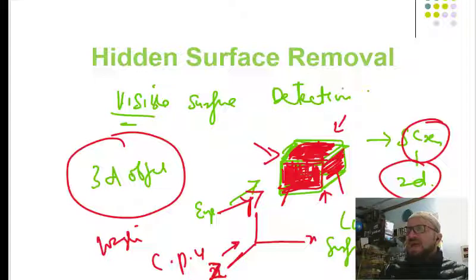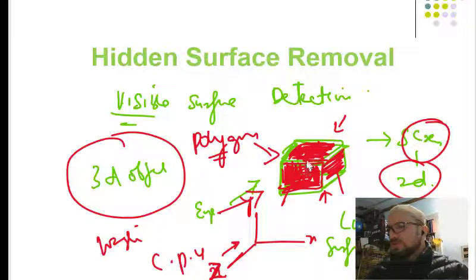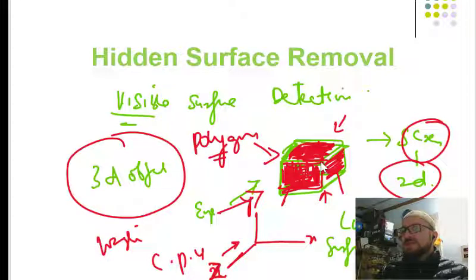And second, the polygons we most often talk about here are opaque. If they are transparent, then we can see the back lines, right? But we say they are opaque. So the assumption one is that we are watching through the z-axis, and second is that the polygons are opaque.